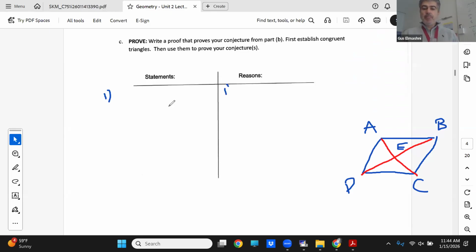Yeah, correct. We are. Okay, we're going to say ABCD is a rhombus. That's given.